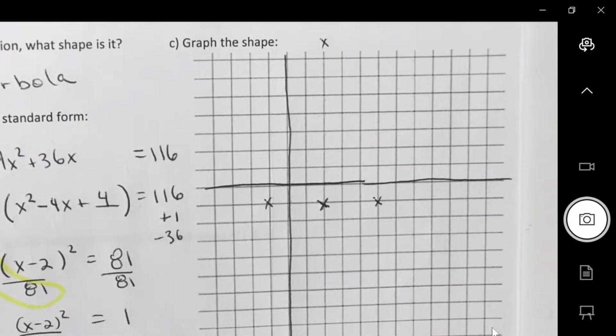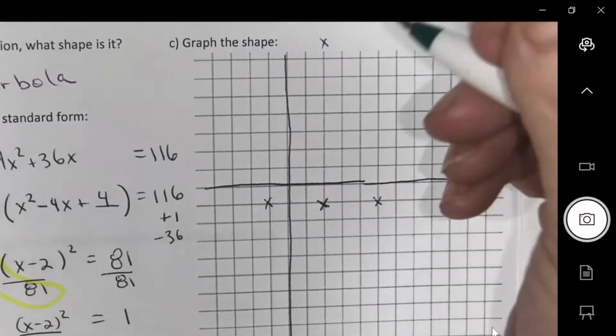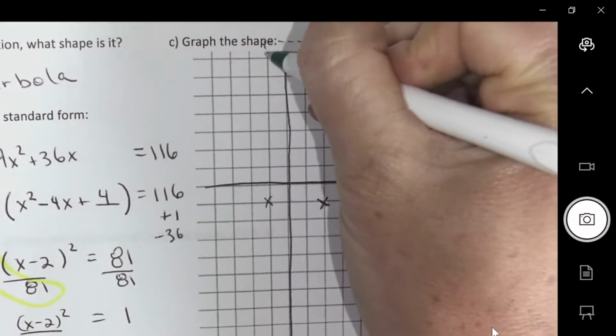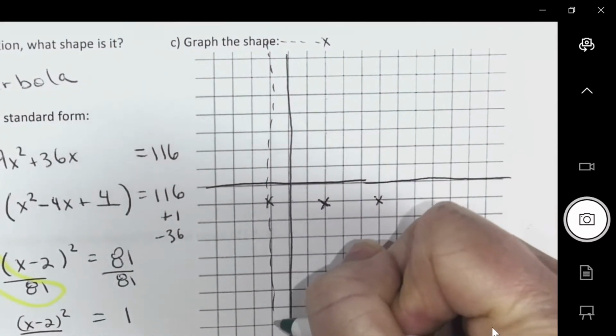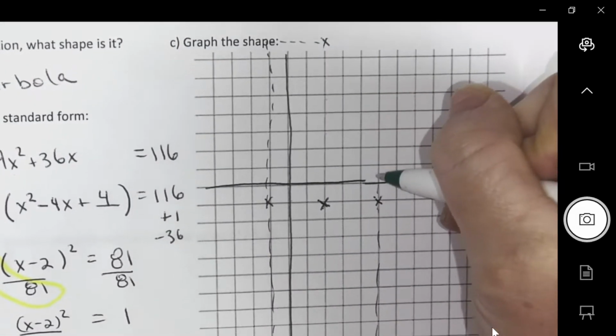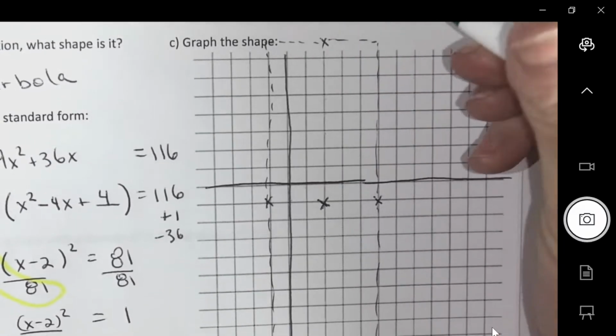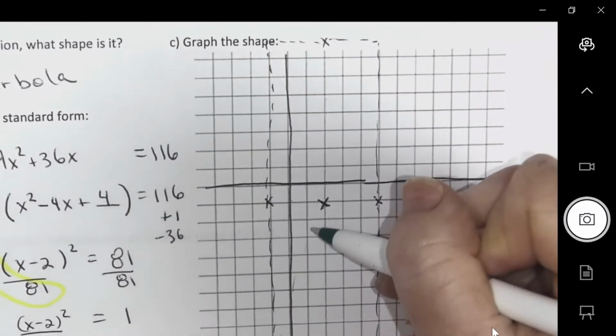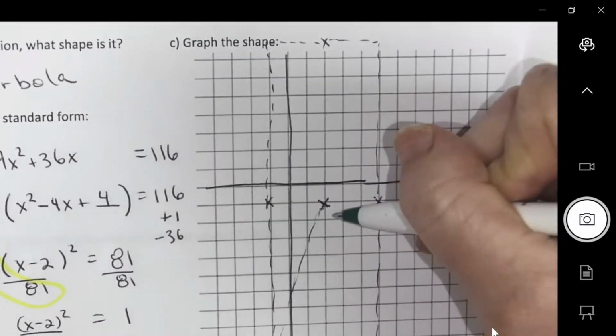That's why you see a lot of 25s and 16s and 9s and 4s, because they're easier to graph. Okay, I'm going to draw a box, which is actually not part of my graph. Then I'm going to draw asymptotes.